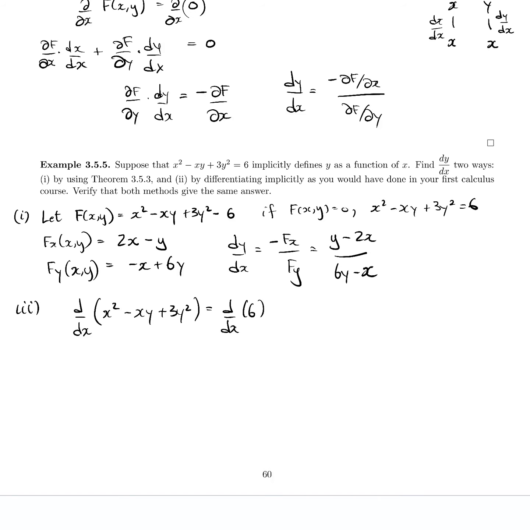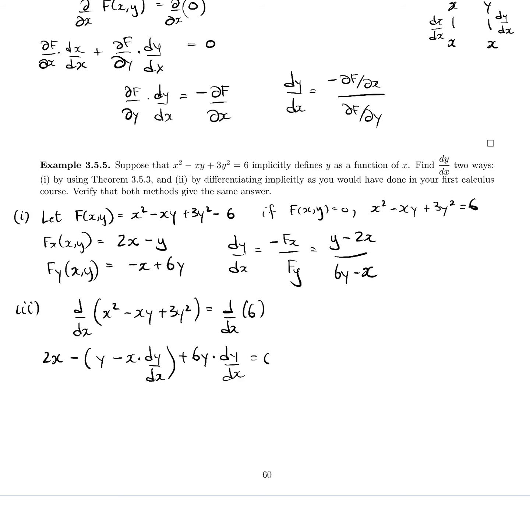On the other side, we have to use the chain rule for a single variable, so we're going to have 2x minus, this becomes a product rule. Derivative of the first is y, derivative of the second is minus x times dy/dx, plus derivative with respect to y, 6y times, chain rule, dy/dx is equal to 0.